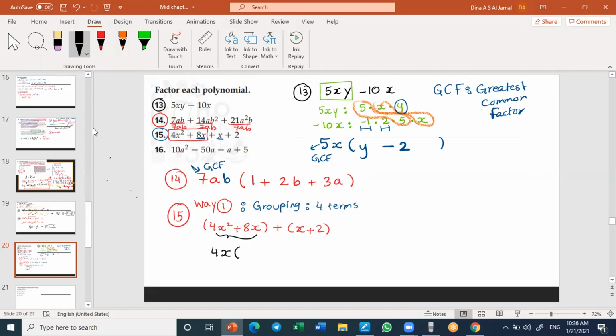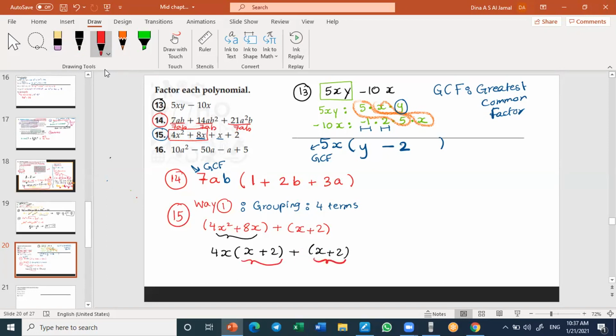So that means here you will have x remaining plus 2. And here I don't have any GCF except the 1. So x plus 2. Some people would like to write the 1, but it's the same. If you don't write it, it's the same, so no need to write any 1 here. So let's take another GCF.